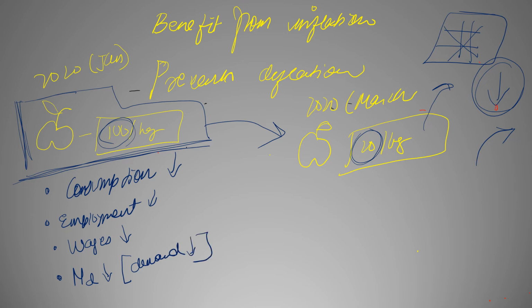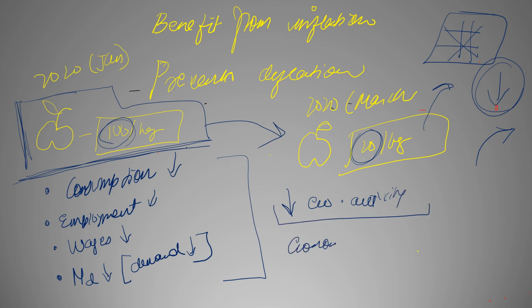Now once your demand has decreased, it will lead to a decrease in economic activities. By that I mean the economic activities that take place in your economy will start to contract, and gradually your economy will start contracting. And this is going to be a greater problem than inflation. So this is the only good that we can have from inflation.